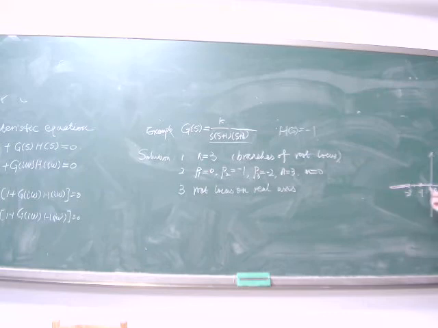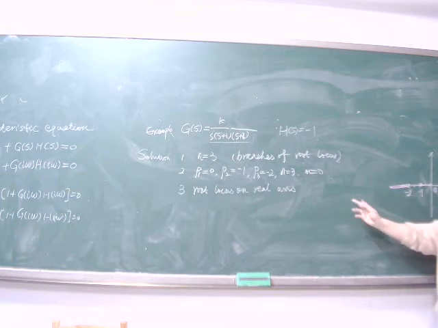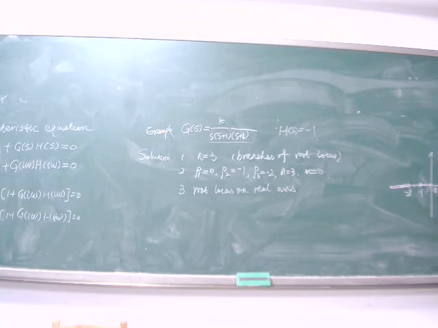If we take any point on this part, and on its right there is a number of poles, because in this example there are no zeros, so only poles. For this part, there is only one pole on its right, so this part is root locus.